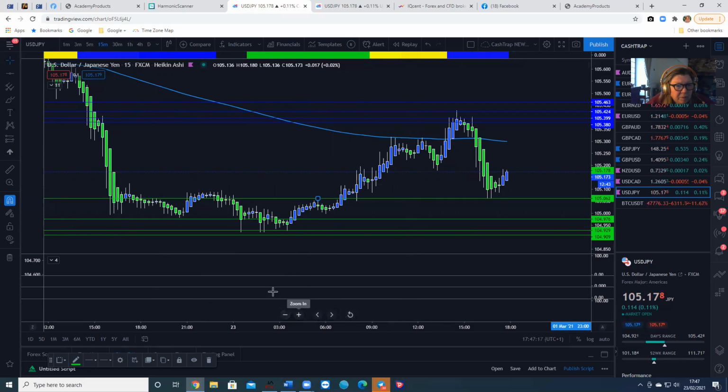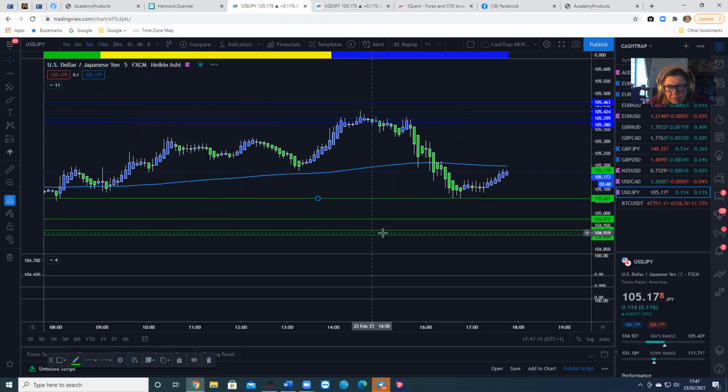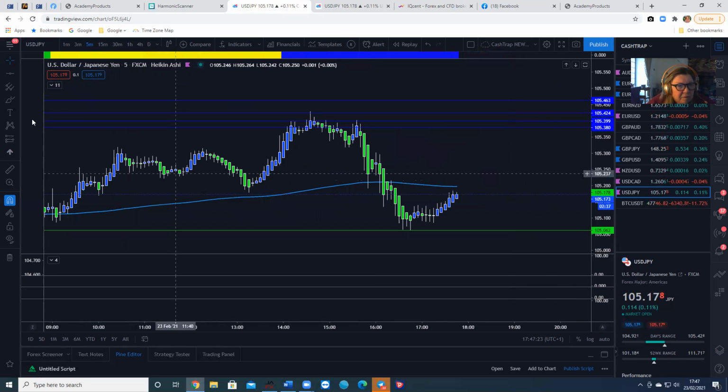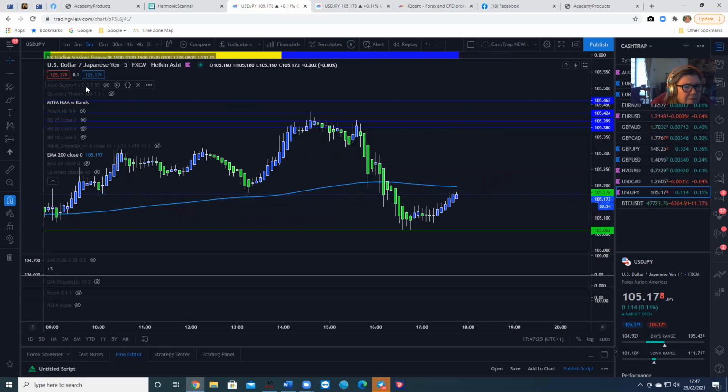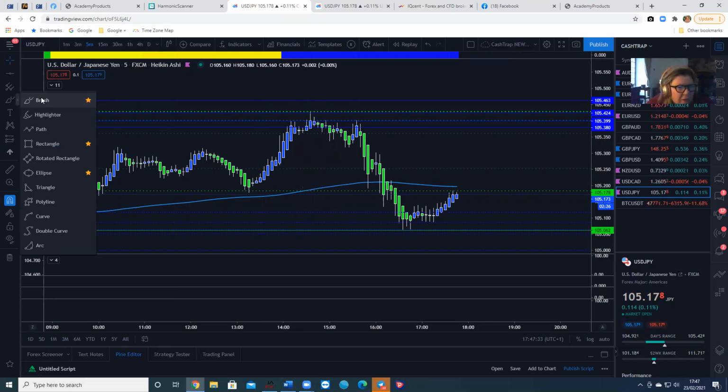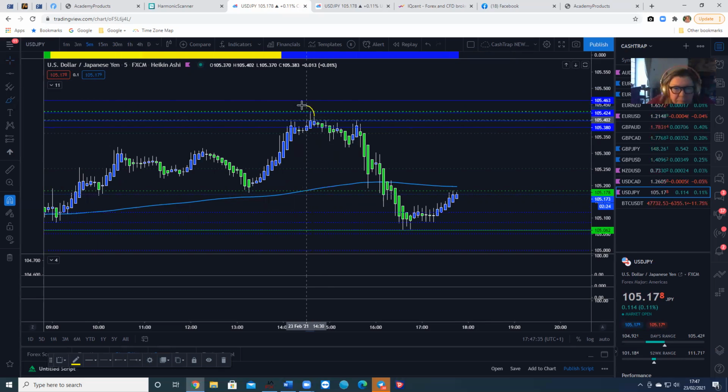So once we've done that, we're going to come to the 15 minute and put on our own support and resistance. Auto support. And you can see how we've marked some strong levels here, because it's got a line that we've marked on support and resistance plus a green dotted one.